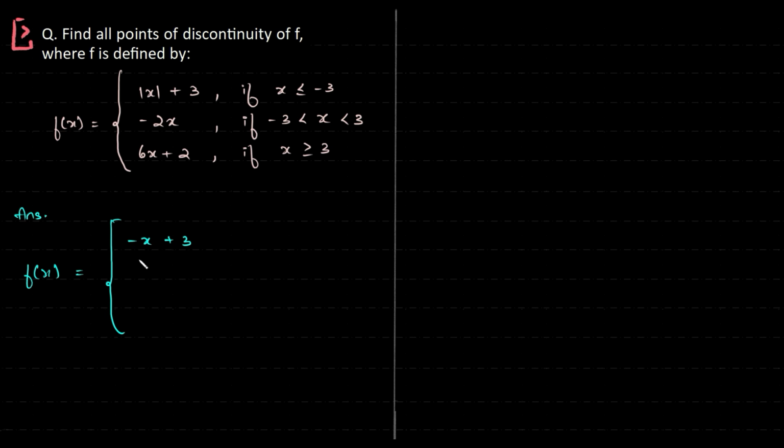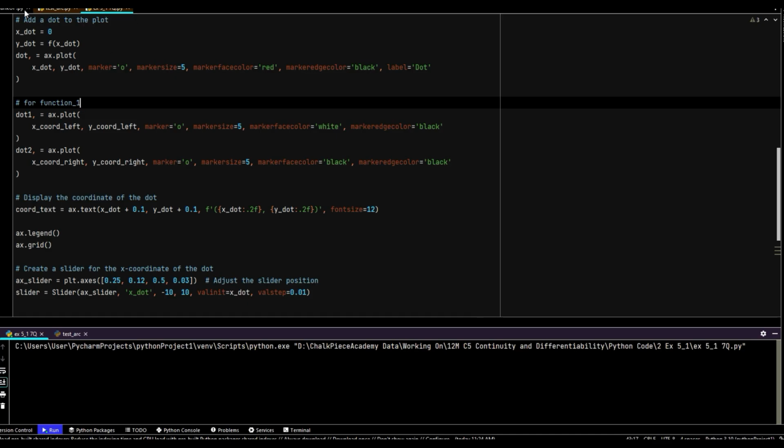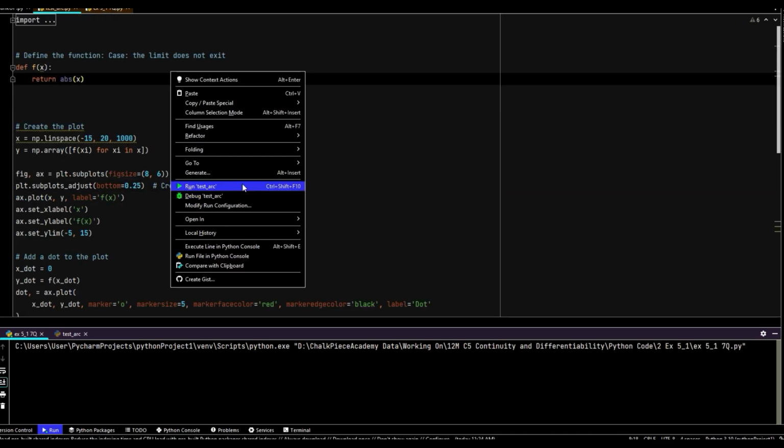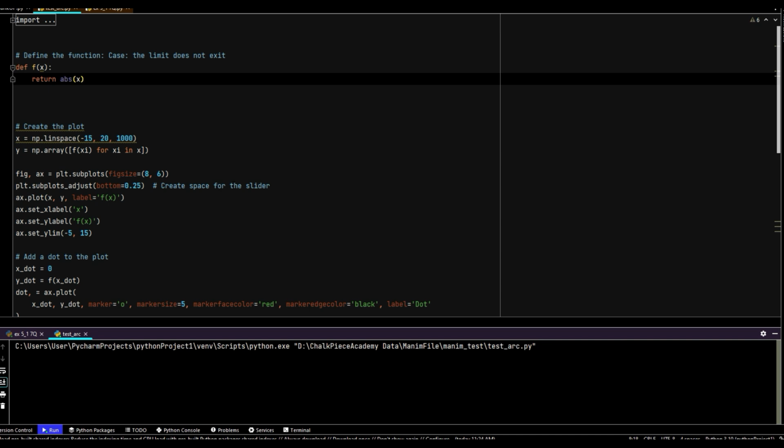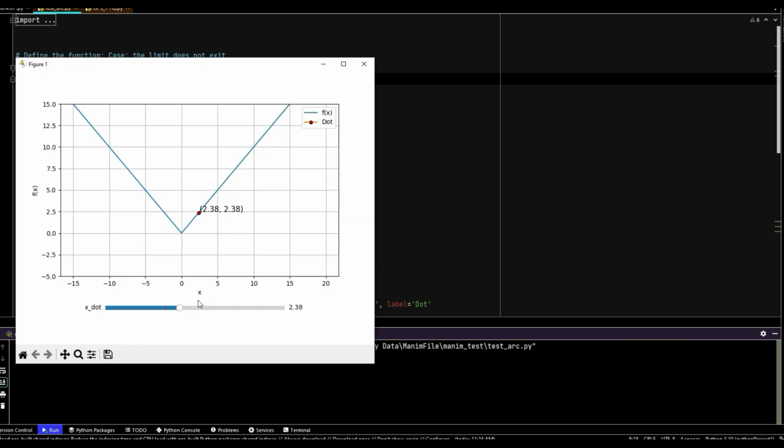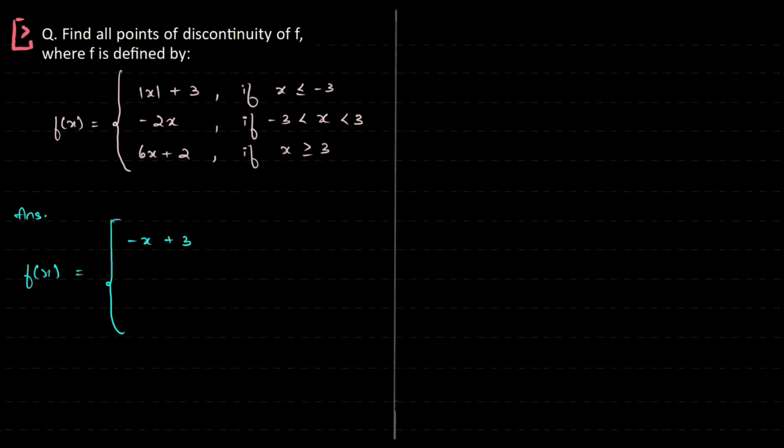Minus 2, minus 1, minus 4, minus 5, all of those inputs we have to make positive. The only way we can make it positive is multiplying with negative. Again, I hope you guys remember modulus, how it behaves. Negative input turns into positive by multiplying with minus 1, and positive input will remain the same.